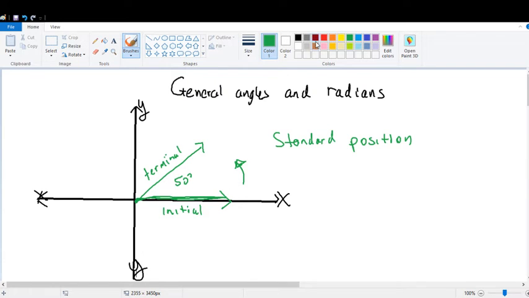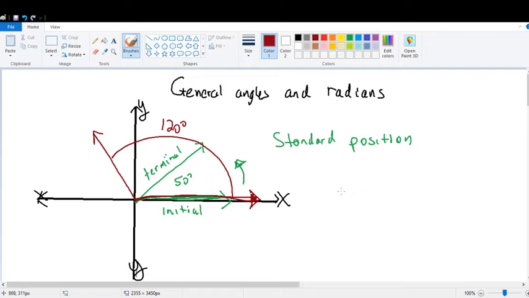I could have another angle that is 120 degrees. So 120 would be something like this. Again, initial side is on the x-axis and it's rotating counterclockwise. So this angle here is 120 degrees and so on.